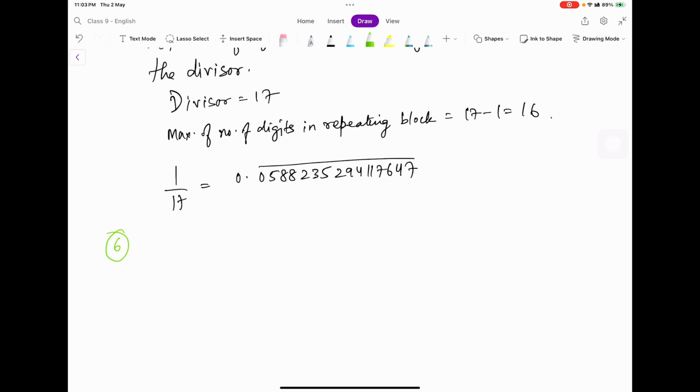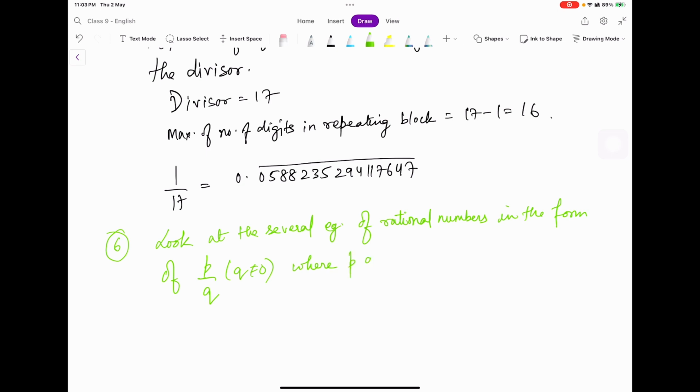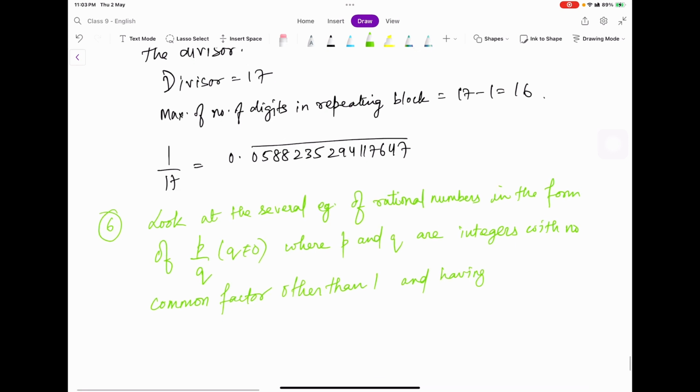Sixth question. Look at the several examples of rational numbers in the form p by q, q not equal to 0, where p and q are integers with no common factor other than 1, and having terminal decimal representation.